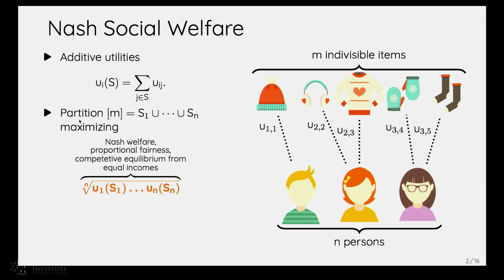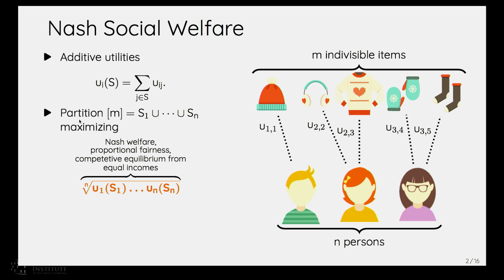So the problem of Nash social welfare maximization is we want to partition these items, one partition per player, so as to maximize the geometric mean of the utilities of the people. This objective is also known as proportional fairness in the networking community in TCP routing.